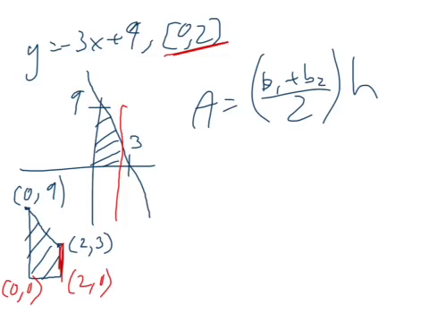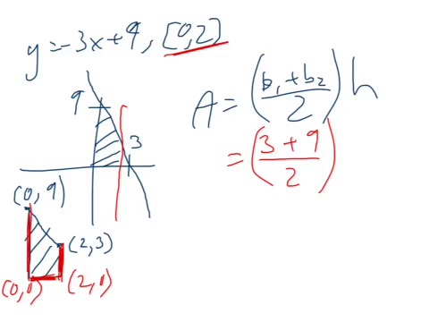So that distance is 3. And that distance is 9. And the height in this case is the distance between the bases. That distance. And that is 2 to get from 0, 0 to 2, 0. So the 2's cancel, and you do indeed get 12.